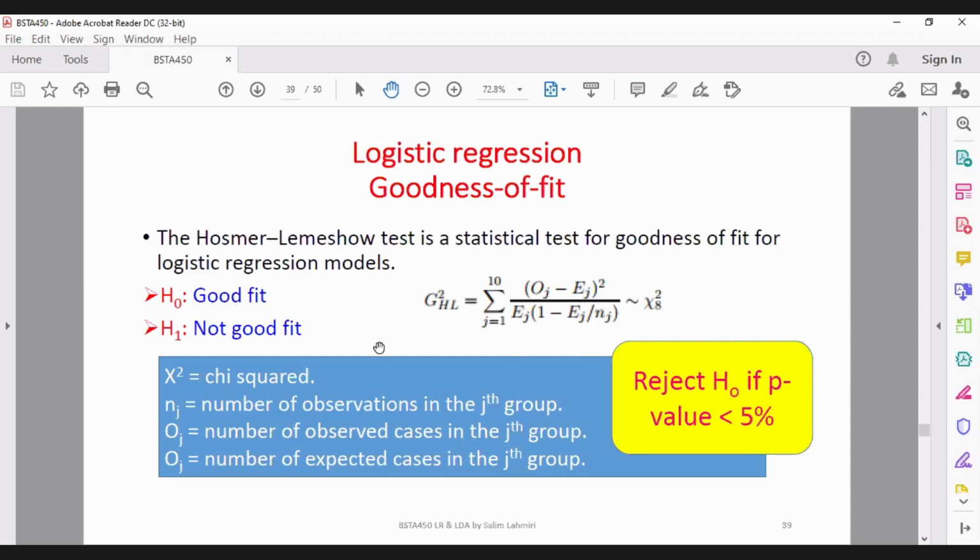If the p-value of the test is less than 5%, then you reject the good fit hypothesis and accept the not good fit hypothesis. Otherwise, if the p-value is larger than 5%, then you accept the null hypothesis of good fit and reject the alternative hypothesis of not good fit. So this is a similar approach for evaluating the goodness of fit of a regression when y is binary, by using logistic regression.